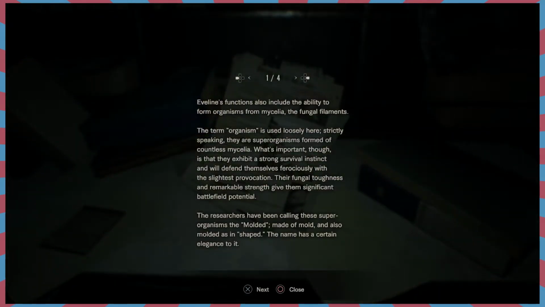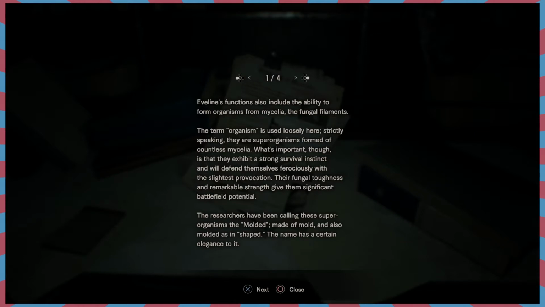All of Evelyn's pages. Her functions also include the ability to form organisms from mycelia, the fungal filaments. Ah, okay, so the critters aren't people, they're gross fungus things she's made. Sort of. The term organism is loosely used here. Strictly speaking, they are superorganisms, formed of countless mycelia. What's important, though, is that they exhibit a strong survival instinct and will defend themselves ferociously with the slightest provocation.